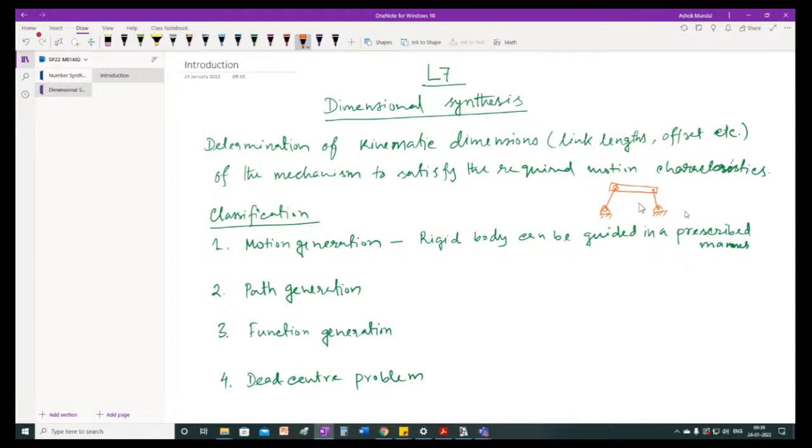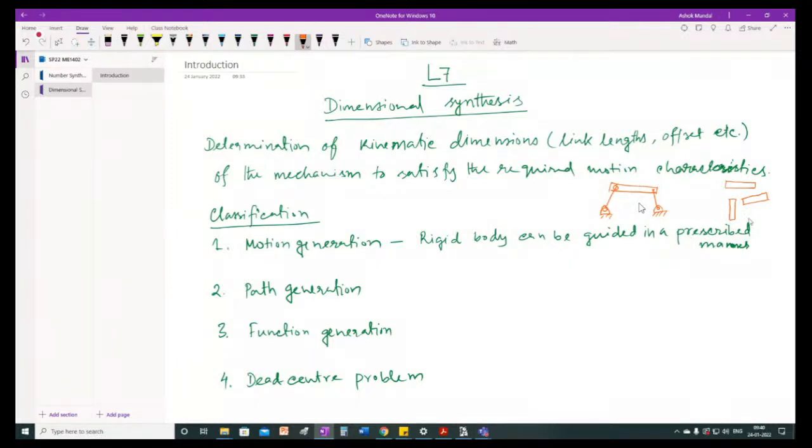your client asked you that the coupler must have positions: initially he wants the position of the coupler here, this configuration, and the next after some time it should be here, and finally it should take a position like this.